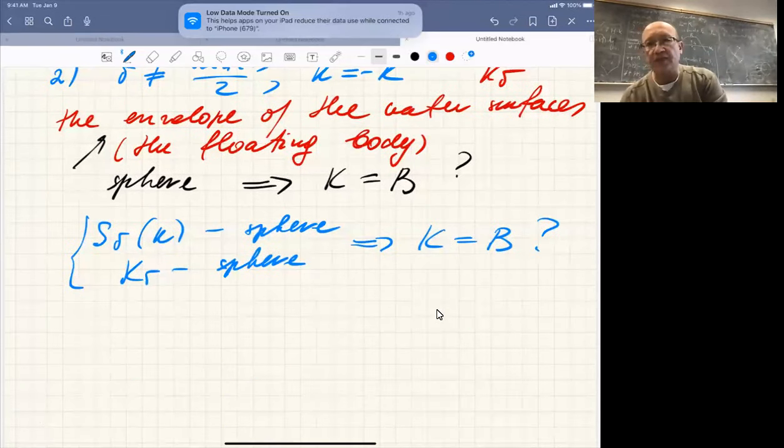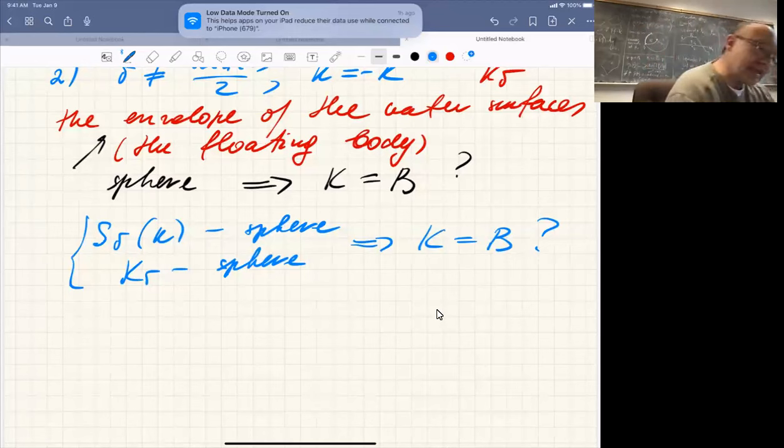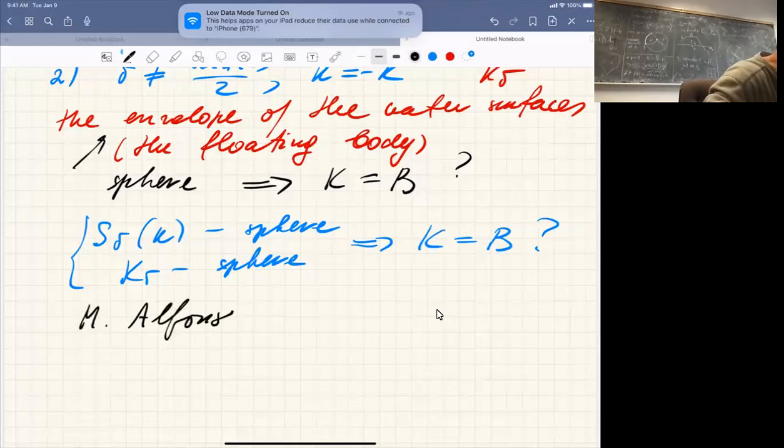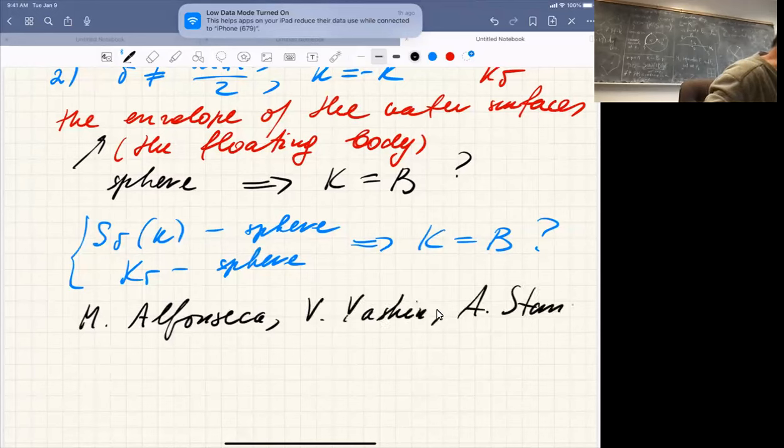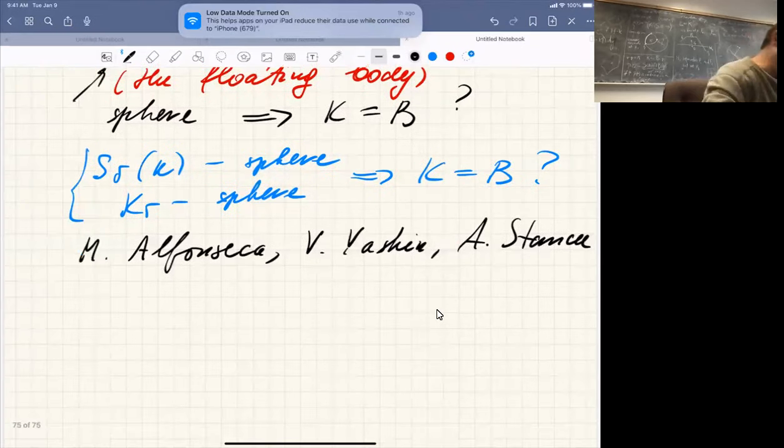But already I'm out of time. Let me just finish with 1 second. I didn't have time, unfortunately, to speak about symmetry questions. If you're interested, you can ask me and I will talk about it. But what I'm trying to say is that recently we were able to prove, and I forgot to say that all of this is joint work with Maria Alfonseca, Vlad Yaskin, and Alina Stancu. Recently, with a lot of sweat and blood, we had the following.